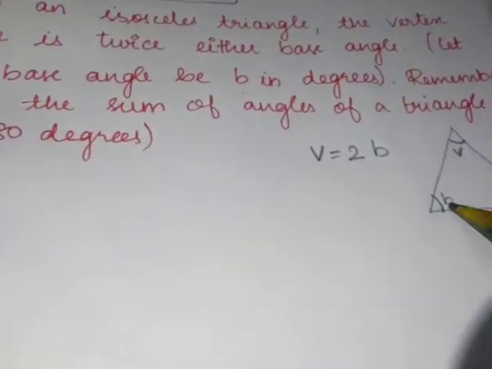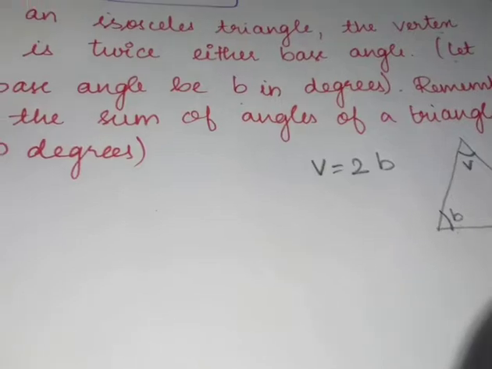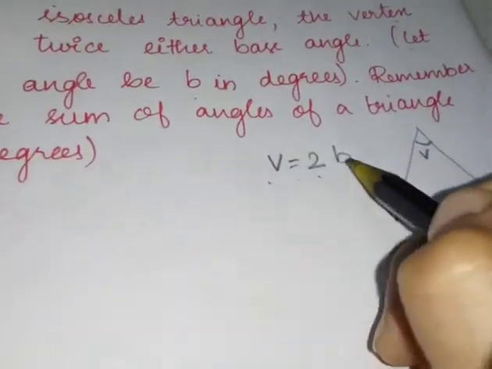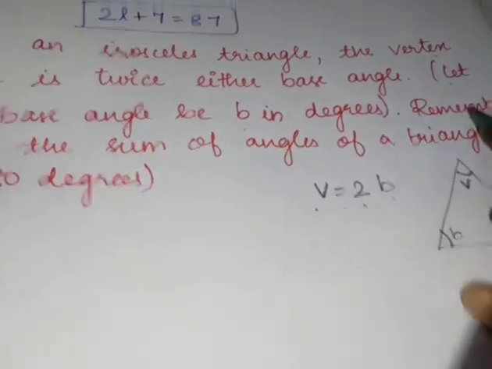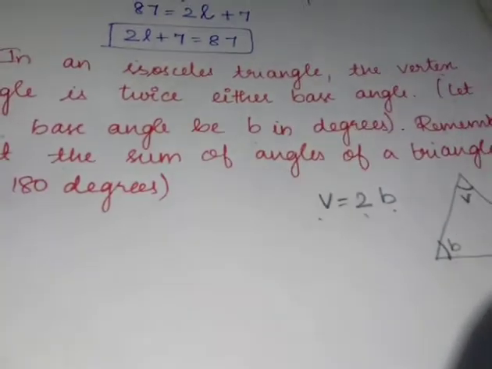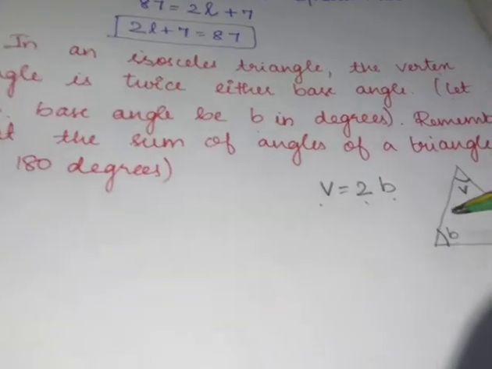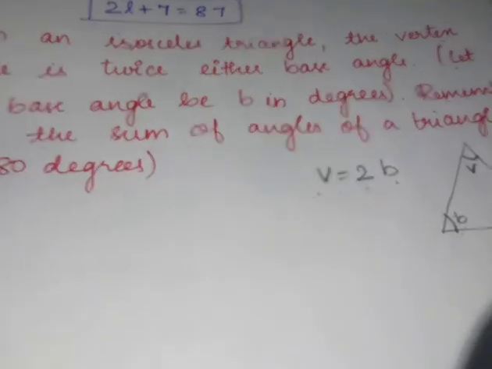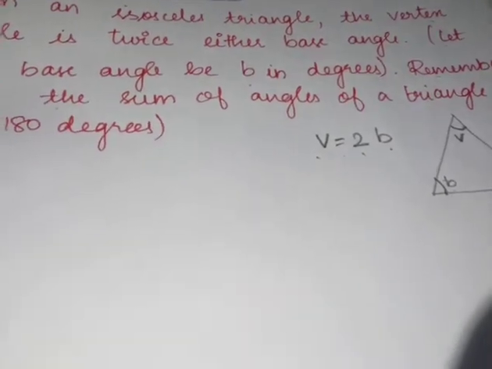They are saying the base angle as B, so I also have taken that as B. Our vertex angle is twice the base angle. Then remember that the sum of angles of a triangle is 180 degrees. If you add all the three angles of a triangle, it will be 180. So how will you add it?